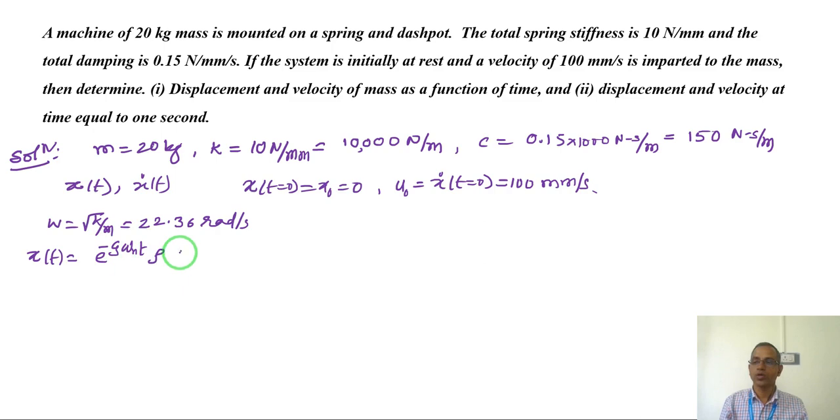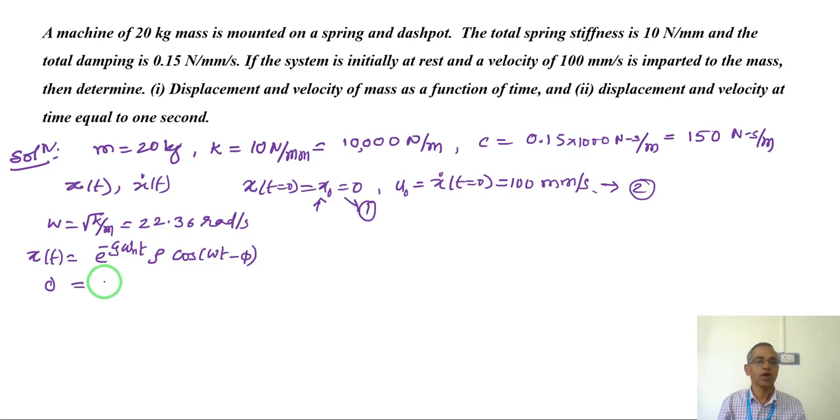amplitude into cos of omega d t minus phi. If this is my assumed response, substituting the initial conditions, this is the first initial condition, and this is the second initial condition. From the first initial condition, x becomes 0 when t equals 0.